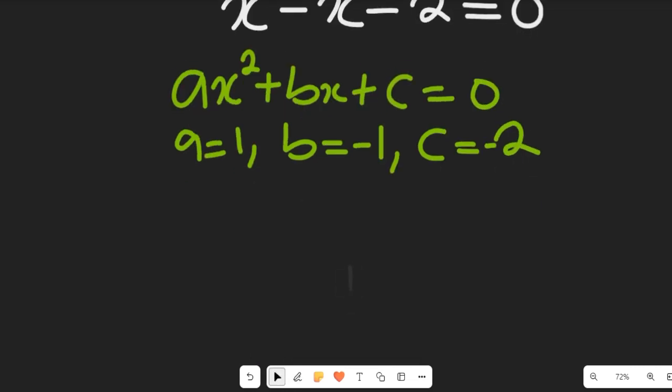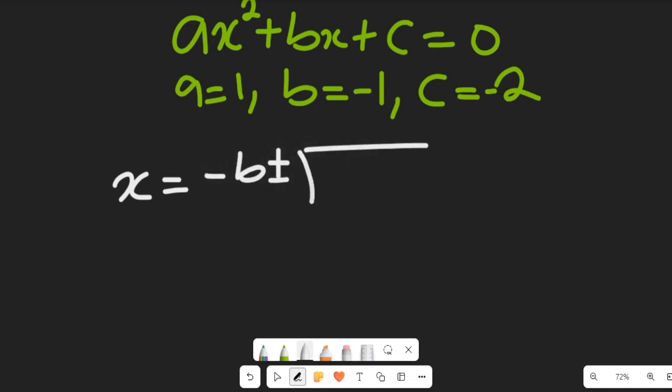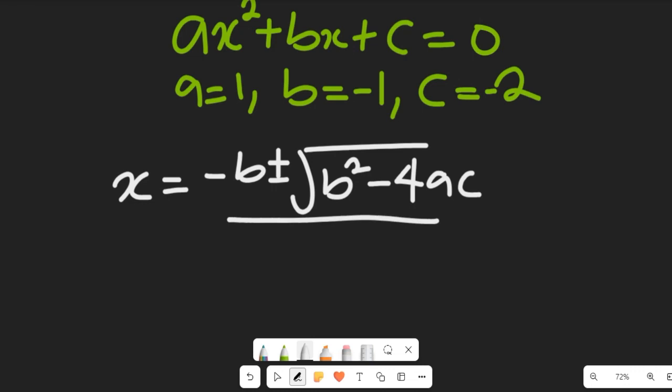So the quadratic formula gives us the value of x equal to negative b plus or minus square root of b squared minus 4ac, divided by 2a.